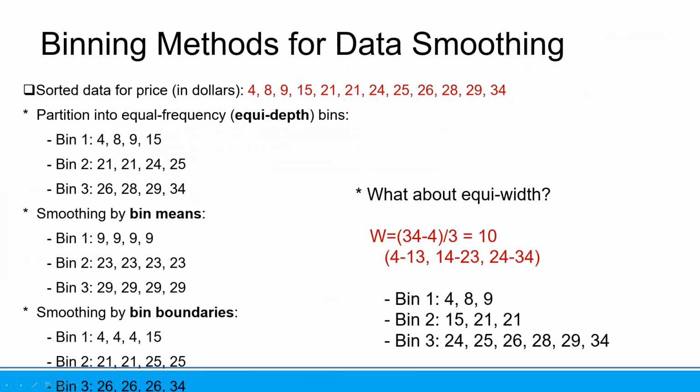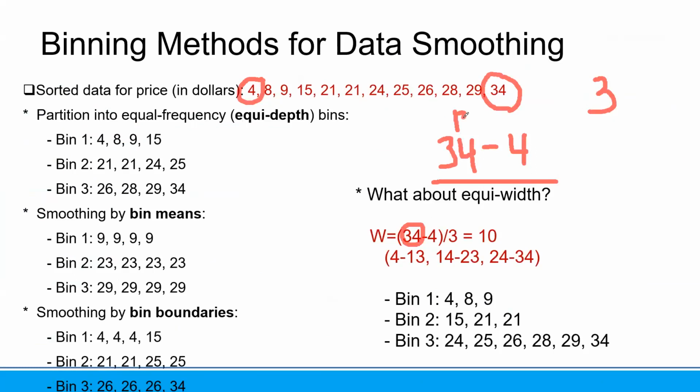So what is the maximum? 34. What is the minimum? 4. And how many bins do I want? 3. Then 34, the maximum, minus 4, the minimum.